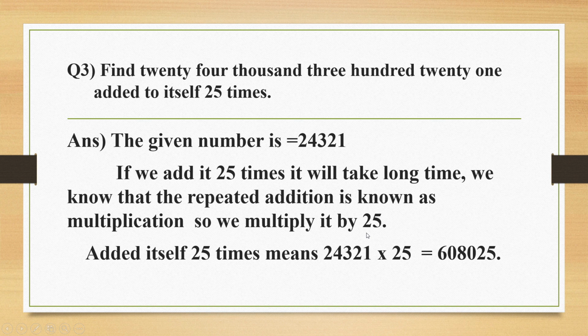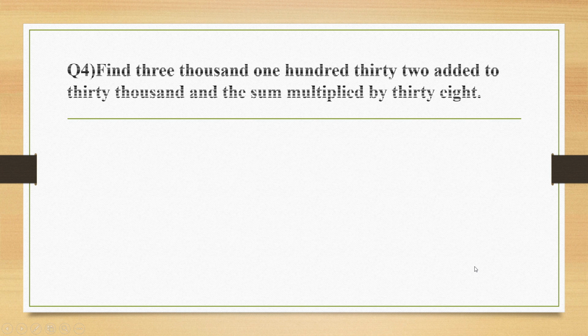This is what we are going to obtain. 24,321 will be multiplied by 25 in order to obtain the answer. So when you multiply with 25, you are going to obtain 6,08,025. Let's see the next question.